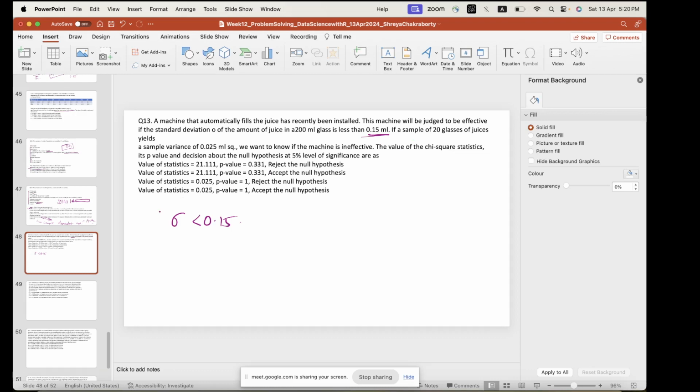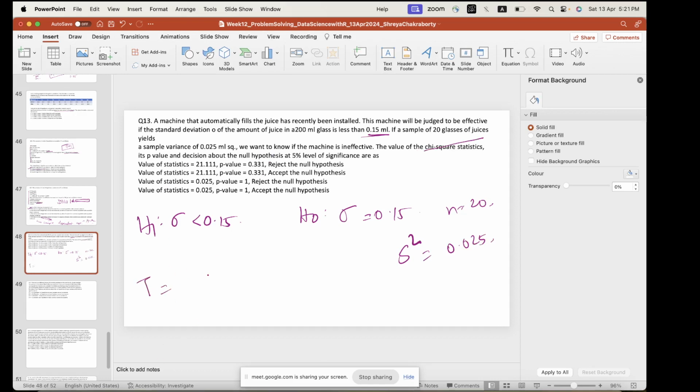This is my alternate, which I want to believe, and H naught I can specify as sigma equal to 0.15 for my own peace of mind. Now n is 20, and the sample variance S square is 0.025. We need the value of the chi-square statistic, its p-value and the decision.